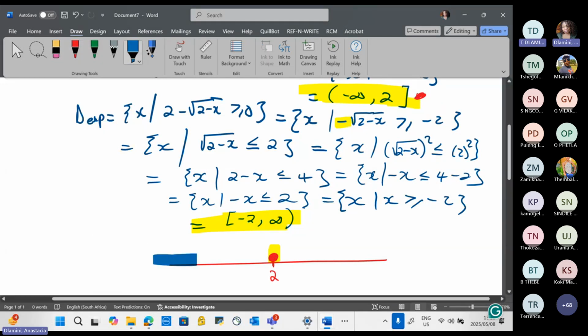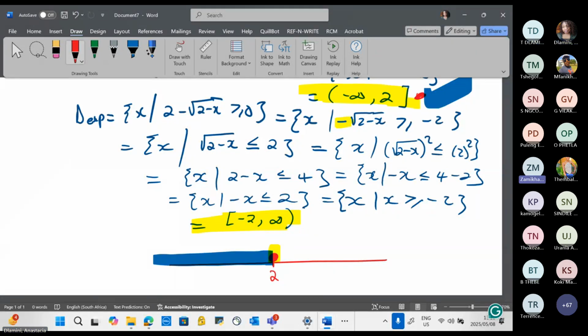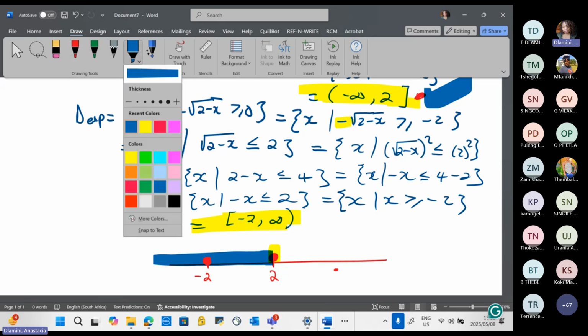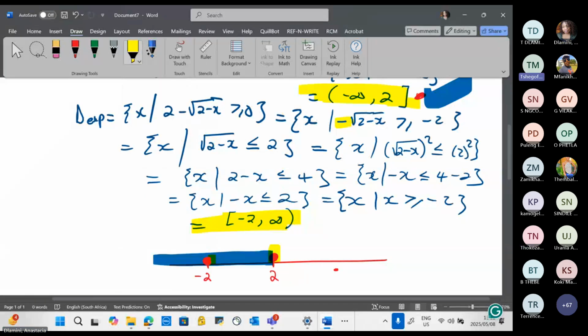The next one is negative 2 to infinity. Is negative 2 included? Yes, meaning it touches the blue as well. So where do I go, right or left from negative 2? To the right.